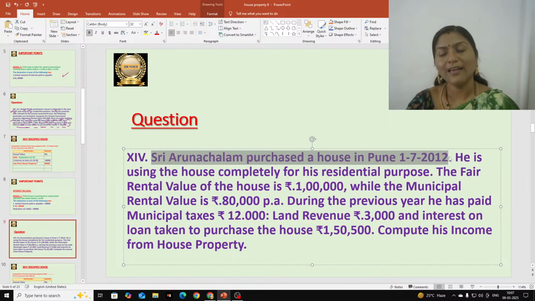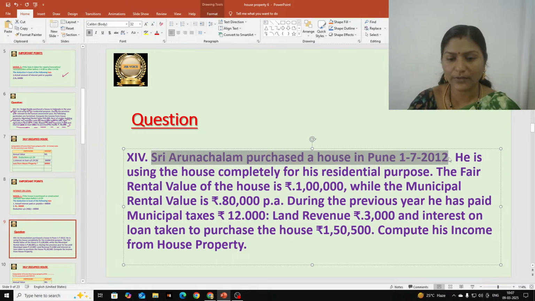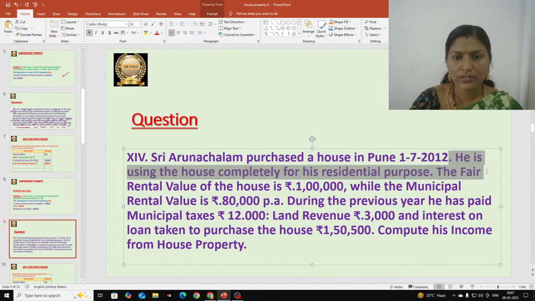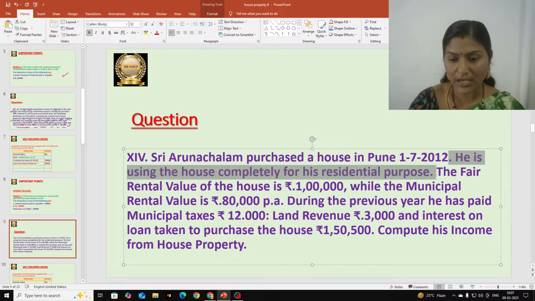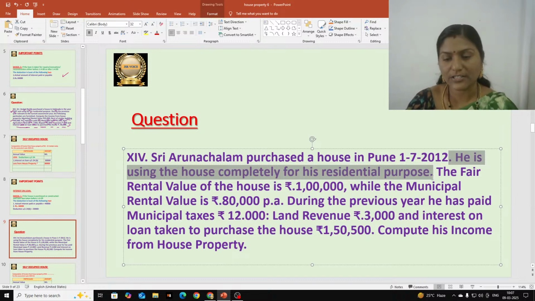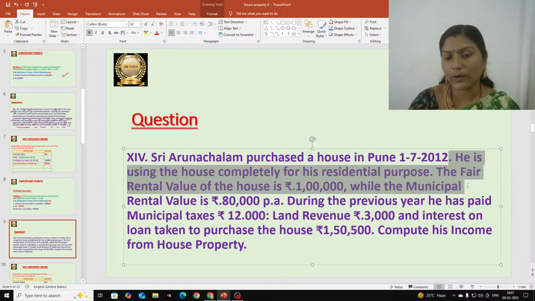Whenever we give interest on loan under section 24B, at that time it is very useful for us. So he is using the house completely for his residential purpose, which means he himself is staying in the house, and the fair rental value of the house is 1 lakh. Do you require fair rental value?